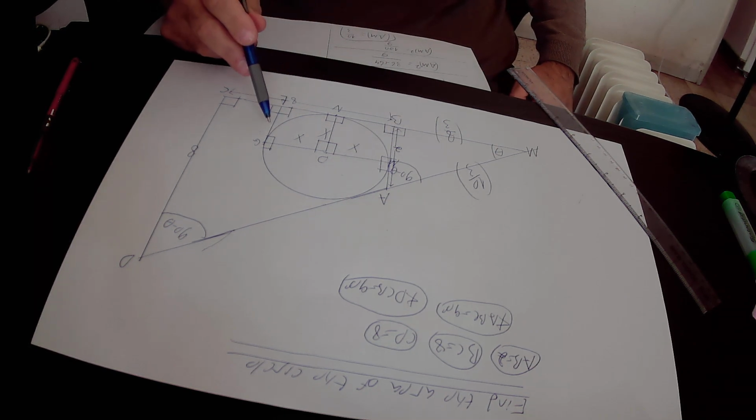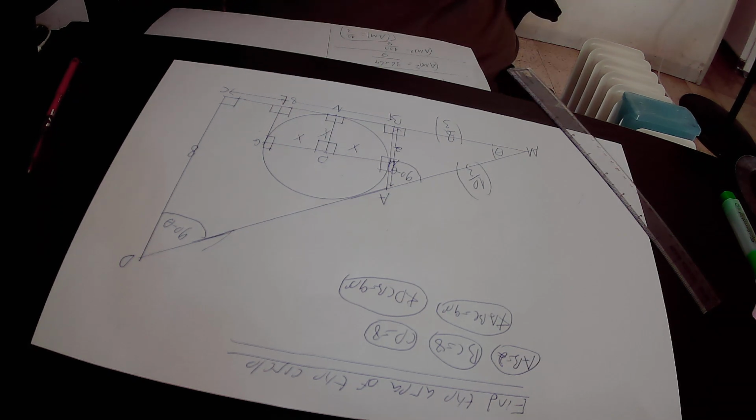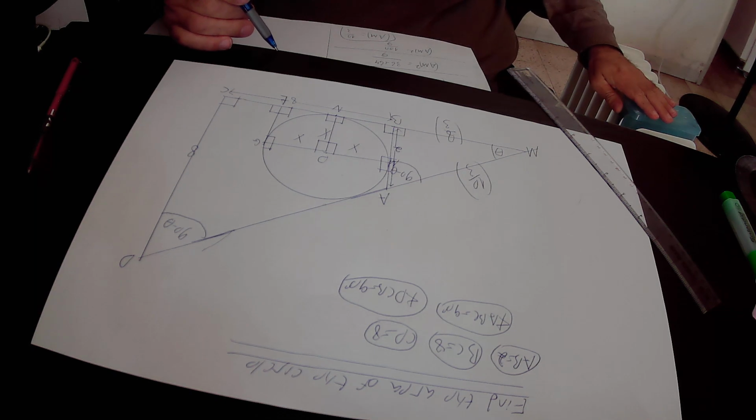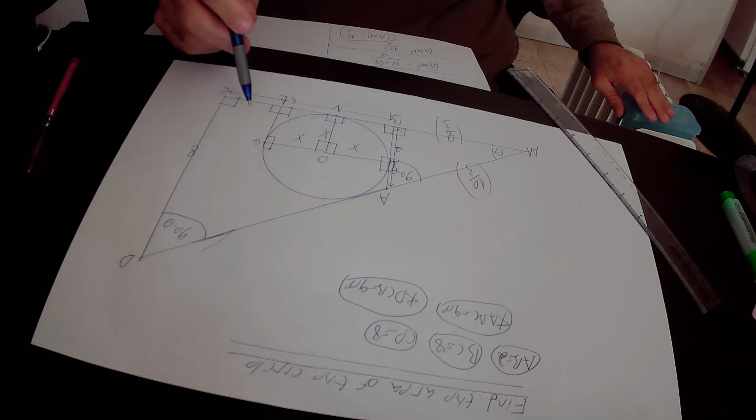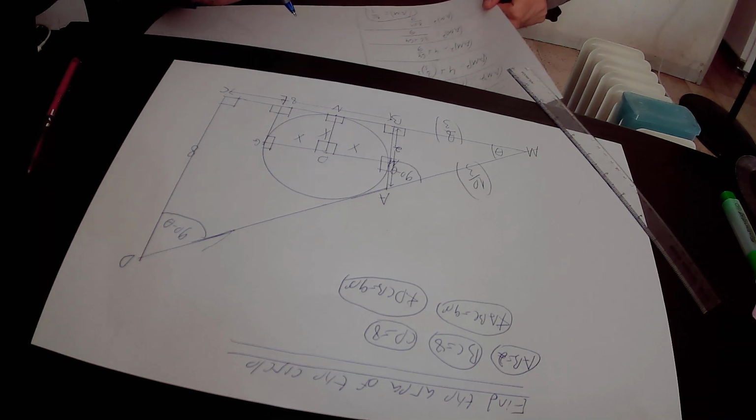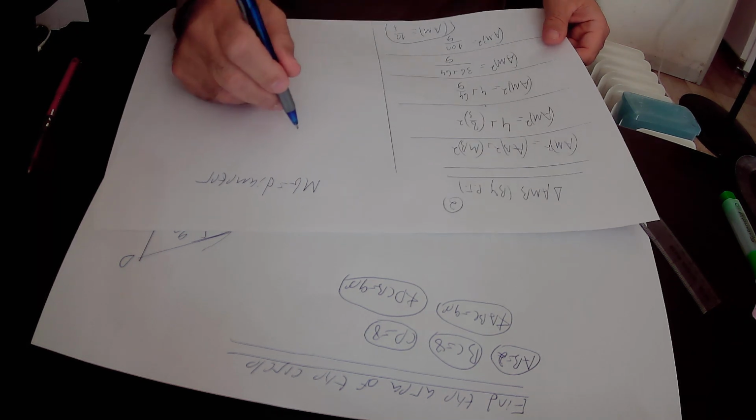Here we have 1, 2, 3, 4 right angles. Any quadrilateral that has 4 right angles must be at least a rectangle, if not a square. So we'll write quadrilateral MGBL as a rectangle. The opposite sides of a rectangle are equal to each other. That is to say, side MG equals side BL.